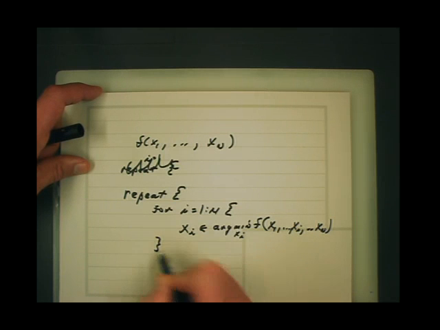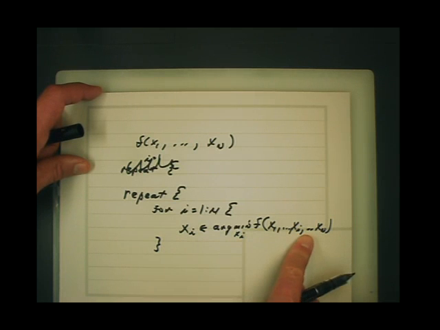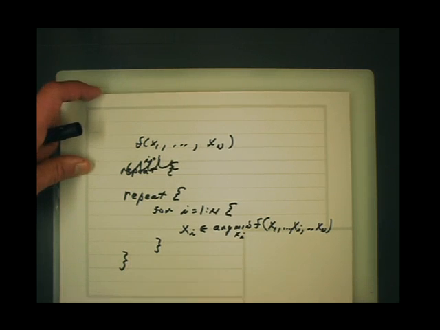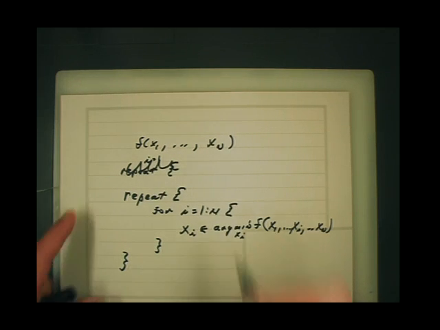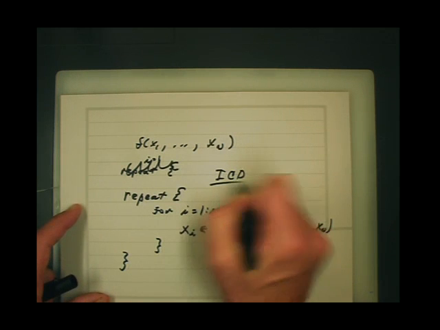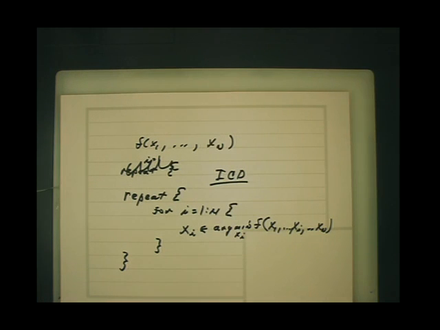So what you've done is an update of every pixel to minimize the cost, and then you repeat over all the pixels. That's iterative coordinate descent, okay? So it's like a sequence of optimizations.